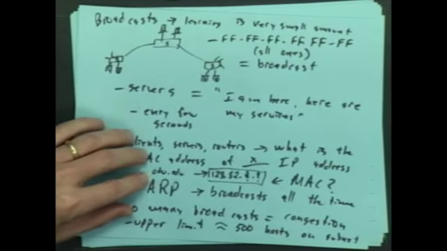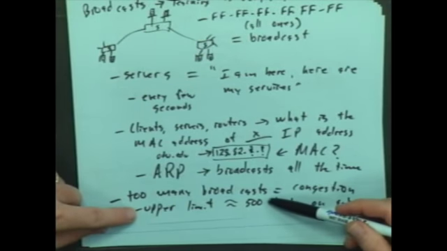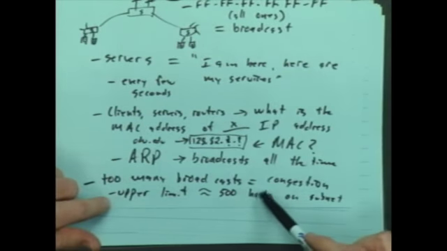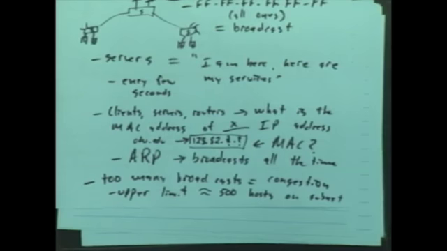When we were on a hub network, just for comparison, about 100 hosts on a hub network was pretty bad. And once you got to about 200 hosts on a hub network, the network just didn't stay up.